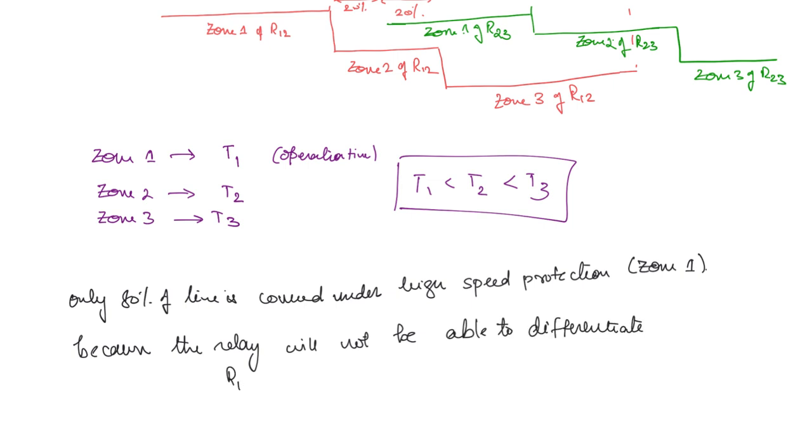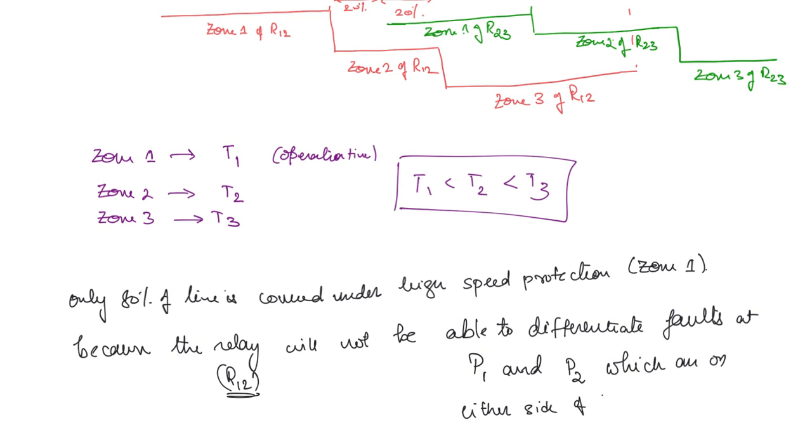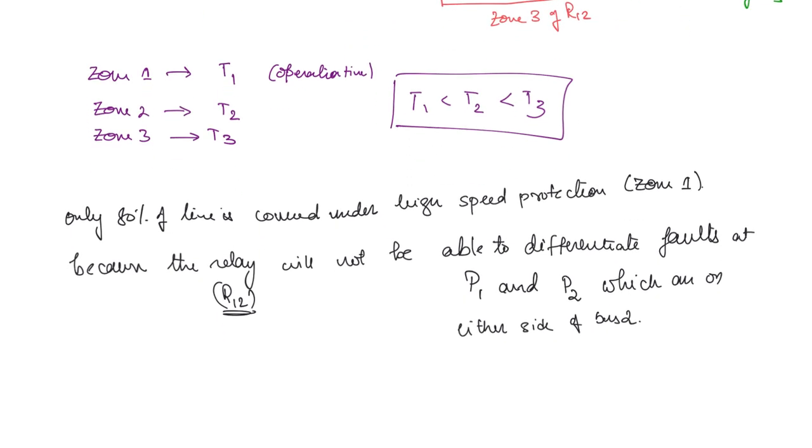Here we can take R12, so that will not be able to differentiate faults at P1 and P2, which are on either side of bus 2. Because they are very close by, and the impedance that this distance relay will see will be the same.